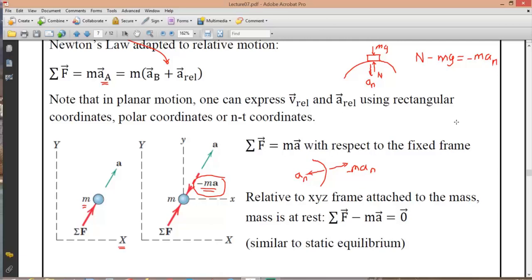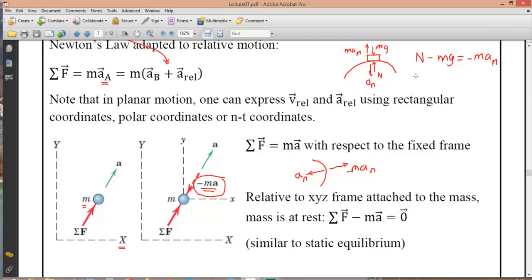Now, based on this information, by taking this acceleration component in its own frame as a force, we can do a static equilibrium. We can just work out the forces and say that if there is an acceleration towards the center of the curve, then the D'Alembert force associated with this acceleration is in the vertically upward direction, and the amount of this force is m times a_n.